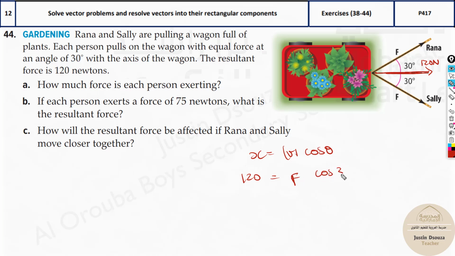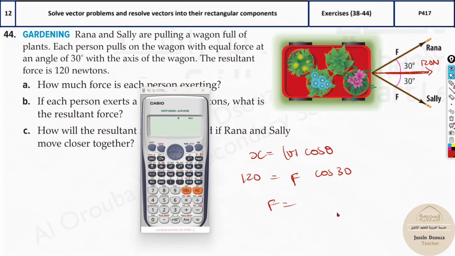Cosine, the angle is given, 30 degrees. Even over here 30 degrees, so we can just use the same. Otherwise you can just divide this by 2 and solve it. If you solve it in the calculator, we will get one answer for f. Let's do it. Here we need to take cosine 30 to the other side. It will be 120 divided by cosine 30 degrees.